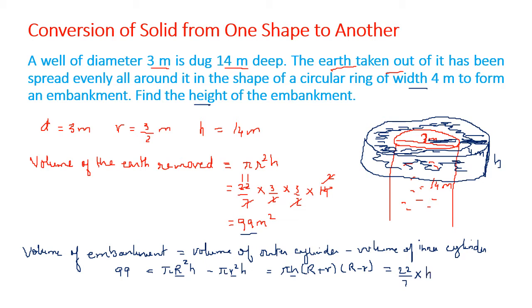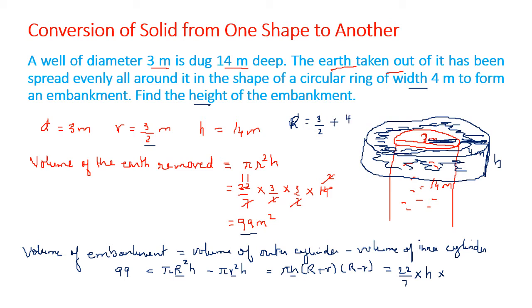H into, now what is the outer radius? The inner radius was 3 by 2, and the outer radius, capital R, should be the inner radius 3 by 2 plus the width, that is 4.